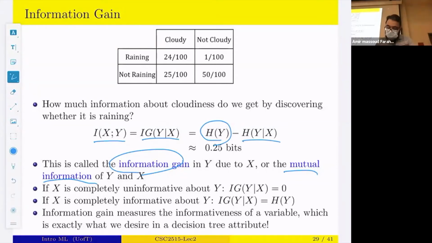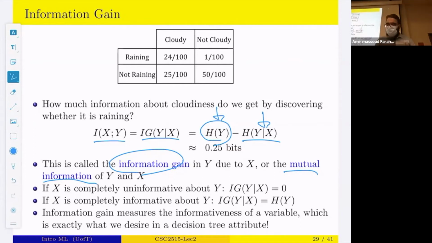So the first term is entropy of y when we don't know anything about the other random variable, but the knowledge of the other random variable x changes our uncertainty about y. And this is that uncertainty. The difference between this uncertainty before and after knowledge of x is called mutual information or information gain.